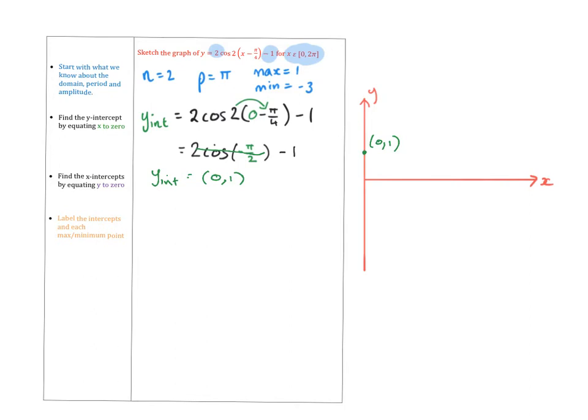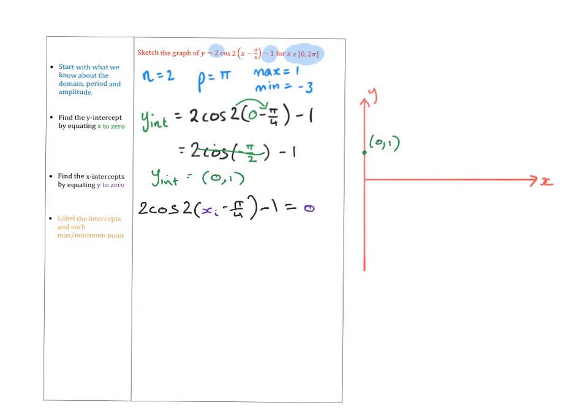So the next thing here is to find the x-intercepts, our next major critical point, and we know that we can do that by letting y equal 0. So if I had 2 cos 2, remember I'm finding now my x-intercept, which is different to x, minus pi on 4, minus 1 equals 0.